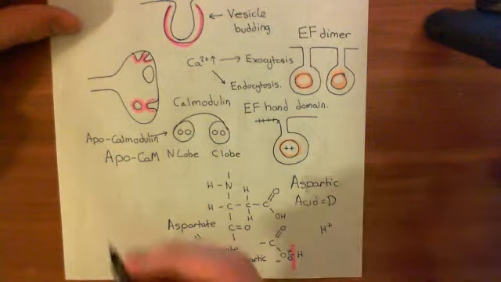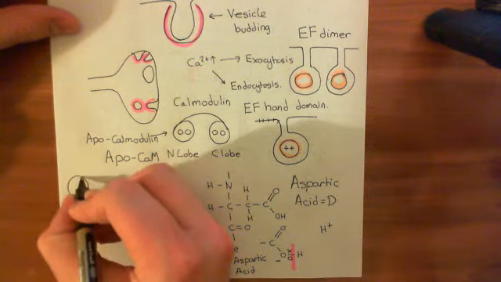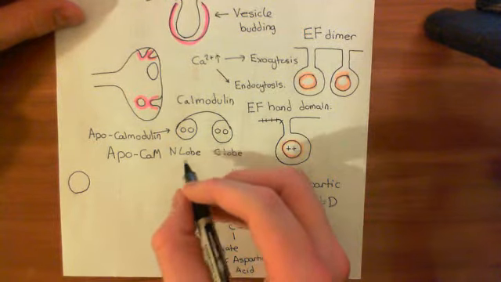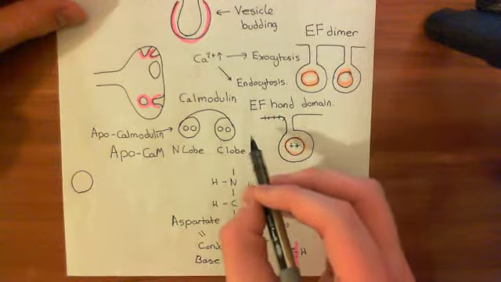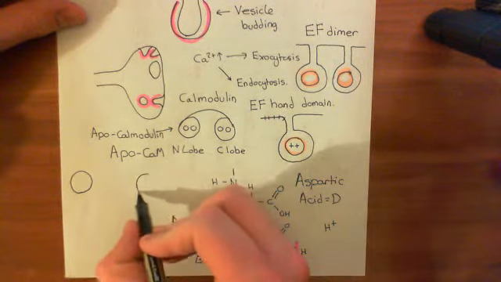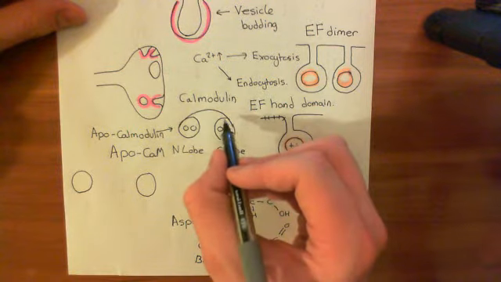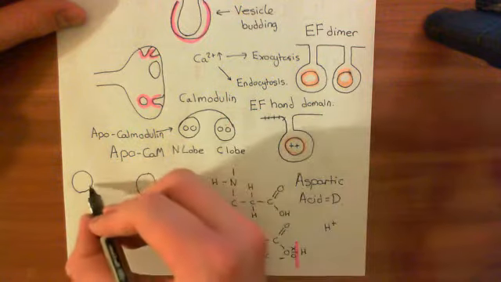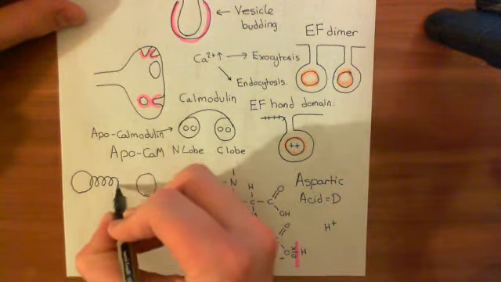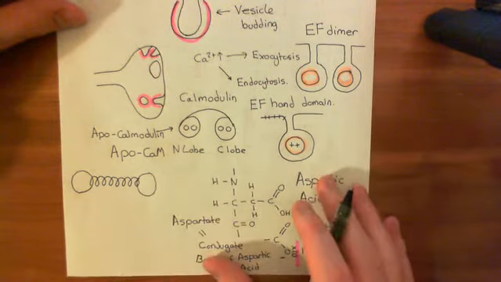Okay, now, when calcium binds to these calcium binding sites here, what it does is it causes a change in conformation in the Calmodulin. So the Calmodulin becomes less hunched over. Okay, so the N and the C lobe move apart, so let's have them here. And this linker between the N and the C lobe goes from being a linear polypeptide to being an alpha helical structure. So we now get an alpha helical structure between the N and the C lobe, shown here by this spring.